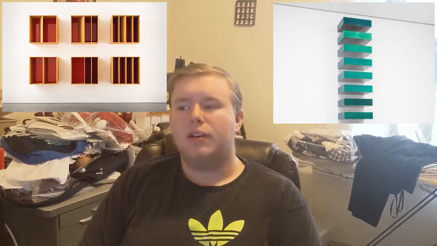Donald Judd was very good at having very simplistic pieces that were often strange to look at in the beginning, and most of the time quite pleasing to the eye for no other reason than its placement on the canvas, right? There was no real reason for it to be enjoyable other than it just looked nice. So here are a few different examples of Donald Judd's artwork, and I'm going to cycle through those every few seconds just to give you an example.